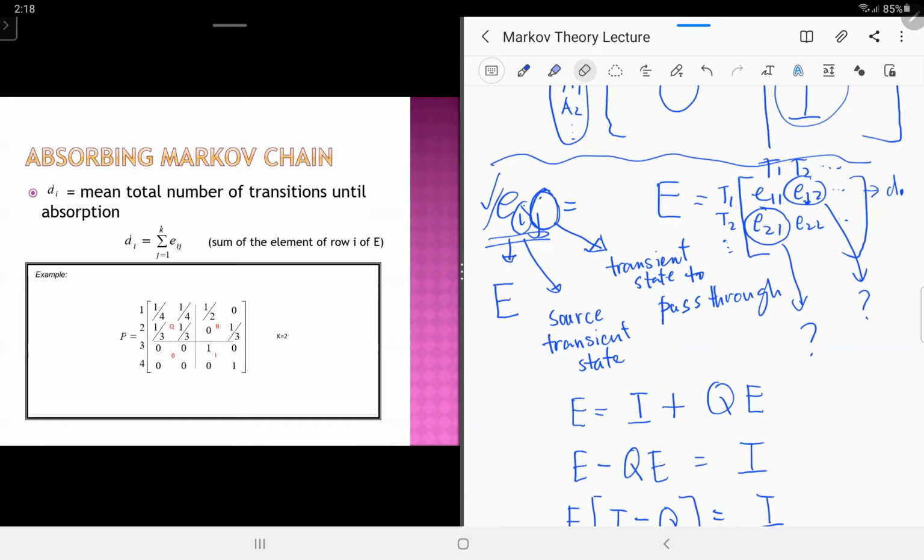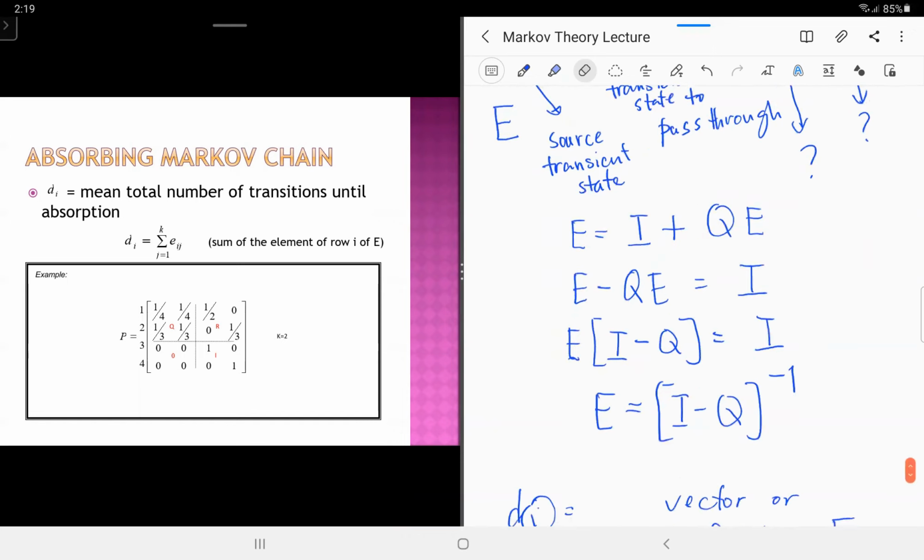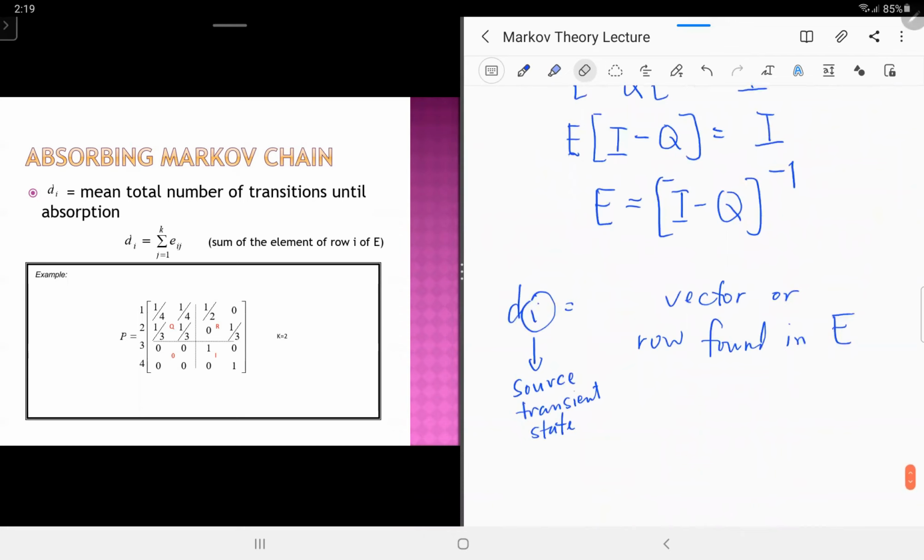before getting absorbed. So therefore, the formula for DI, let me write it. The formula for DI is simply the summation of EIJ, where you take into account all the possible transient states that you can pass through before getting absorbed.